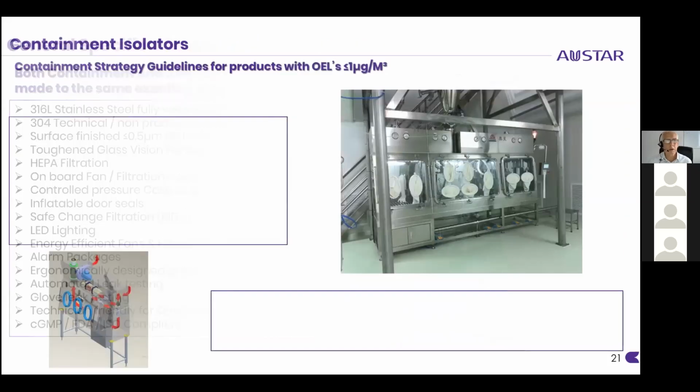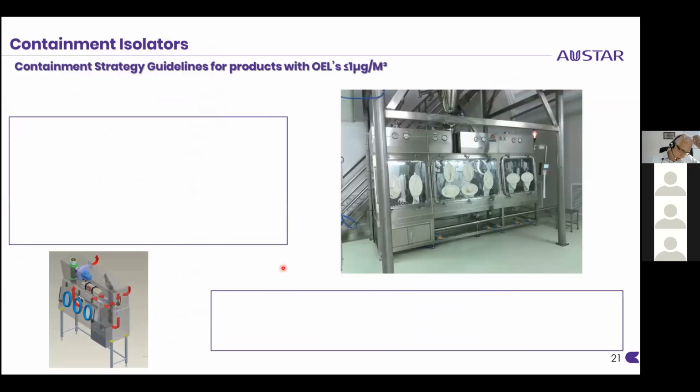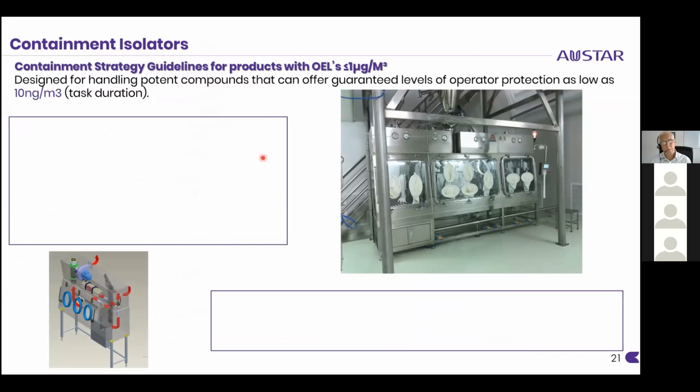So if we talk about containment isolators, now this is where we get down below 1 microgram. So we've come from the barrier containment within a downflow booth for small scale sampling. We can go to large scale sampling, powder handling, and offer protection down to less than 1 microgram.